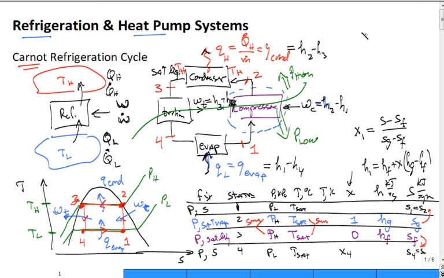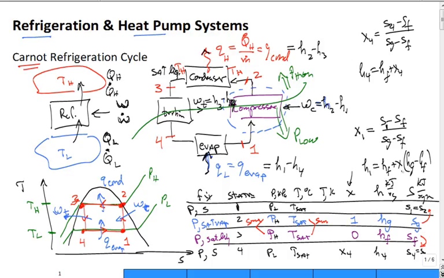Here I'll write the equation. X4 is equal to S4 minus SF at that pressure of 4 divided by Sg minus SF. Maybe I should have put S1 right there. And then I get the H4 just like this too. So H4 is equal to H of F plus the quality at 4.